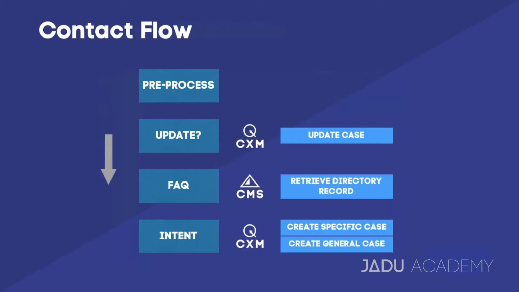If none of those criteria are met, they're going to use CXM to create a general contact case type, which can then be managed through the current processes. So that concludes the CXM update, and that leads into Mike's presentation to take you into more detail about what we're doing around chatbots and AI.